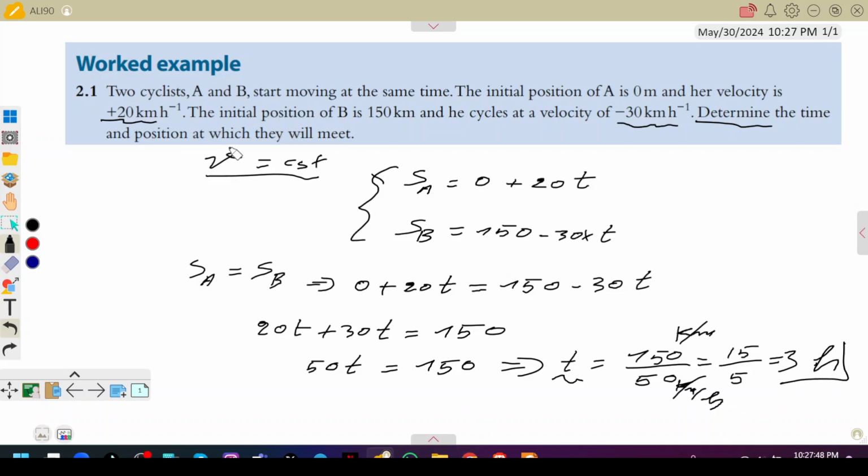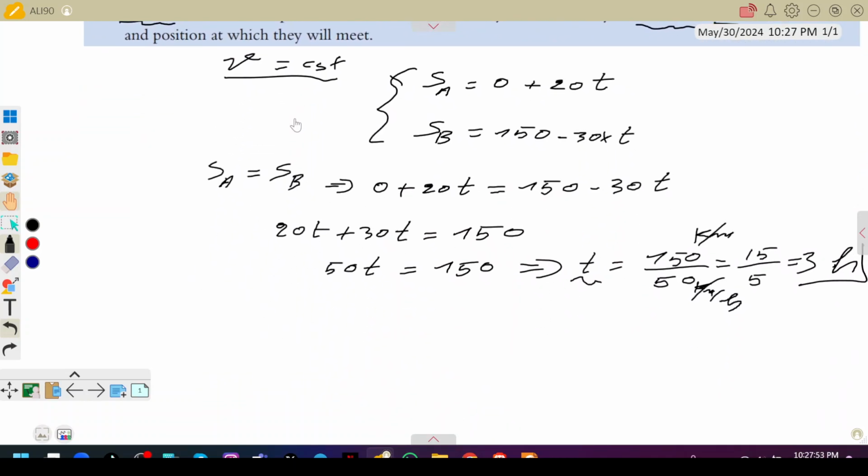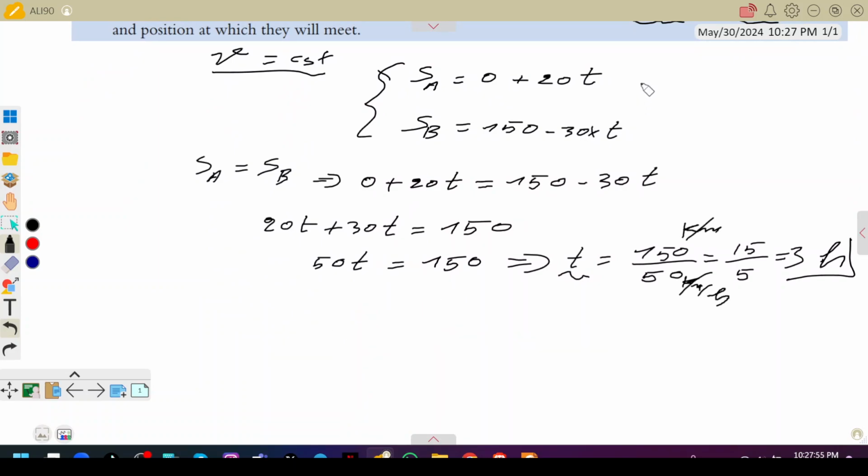Now what would be the position at which they will meet? We have two formulas and the time is the same, so we can use either S_A or S_B. For S_A, that would be 0 plus 20 times 3, which is 60 kilometers.